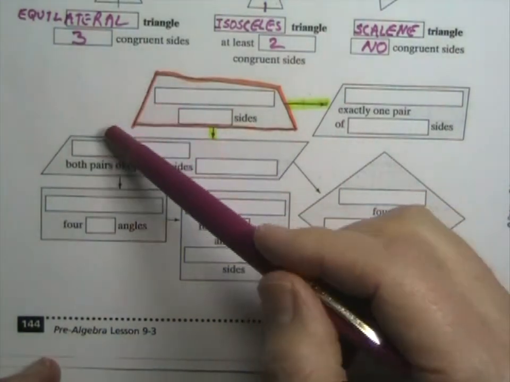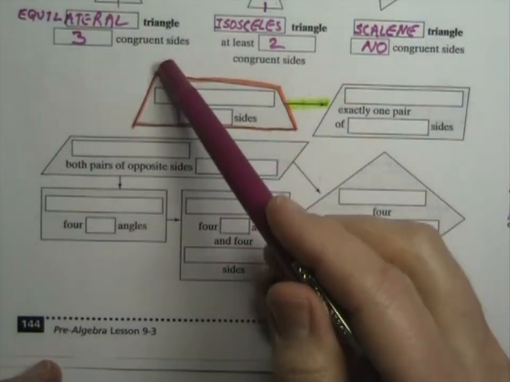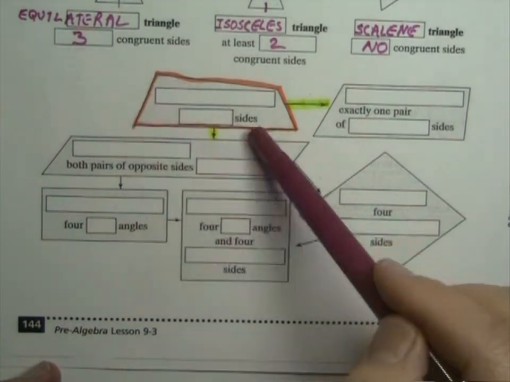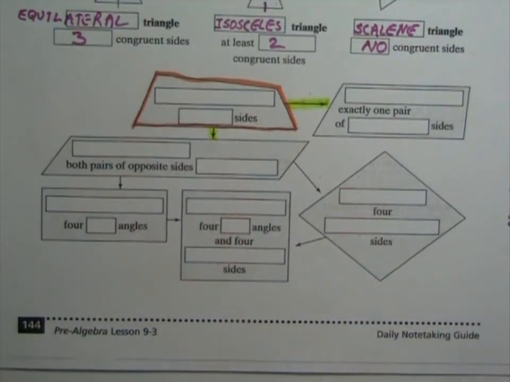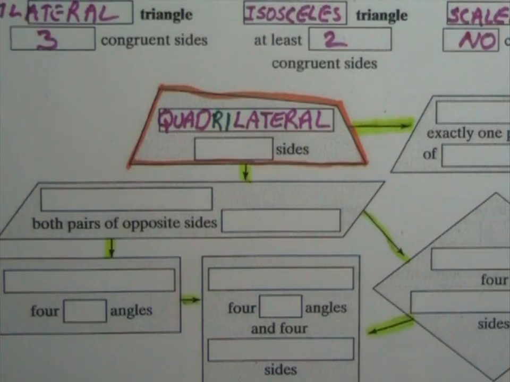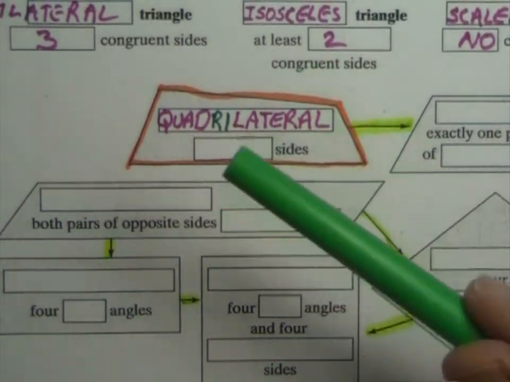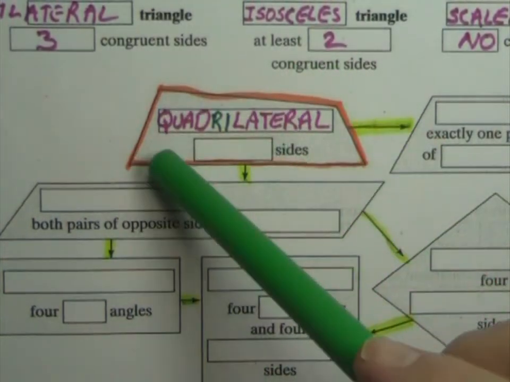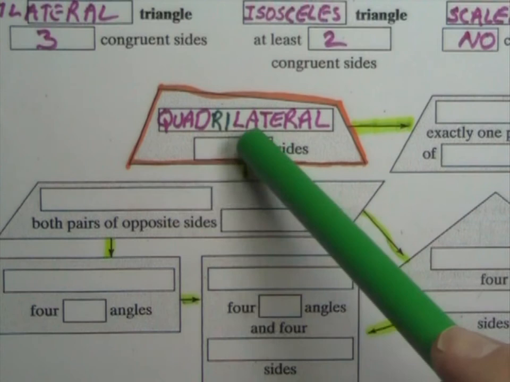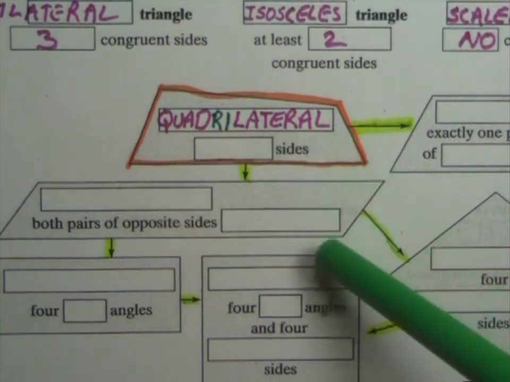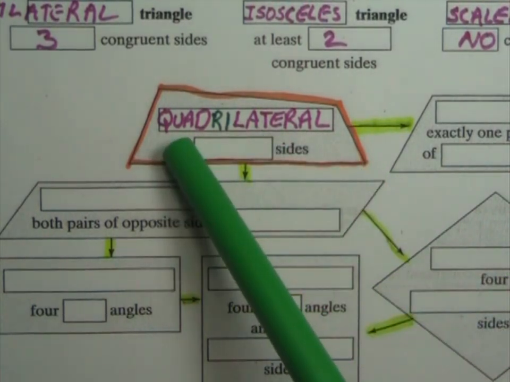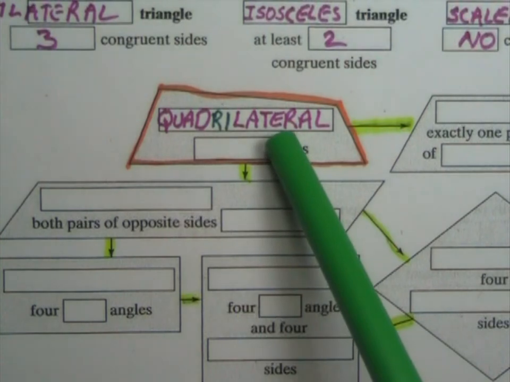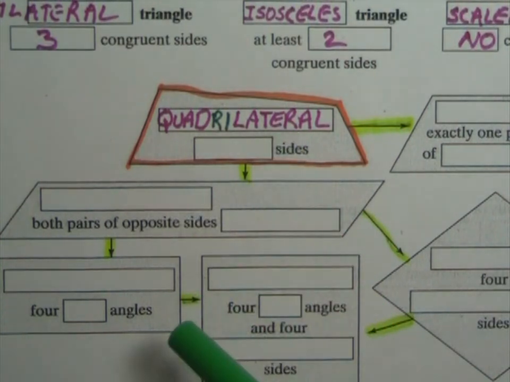Okay, now let's go down to the bottom shapes here. If you notice, all of them have 4 sides. And the term we use for any 4-sided figure is quadrilateral. Quadrilateral. Quad meaning 4, lateral meaning sides.